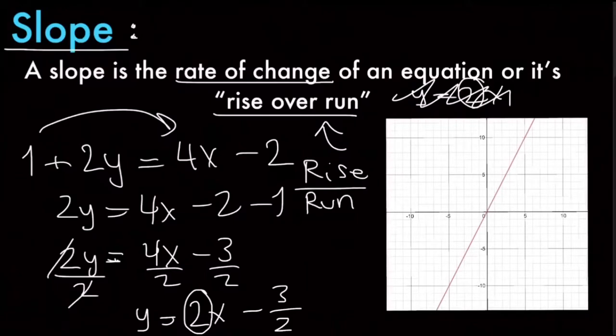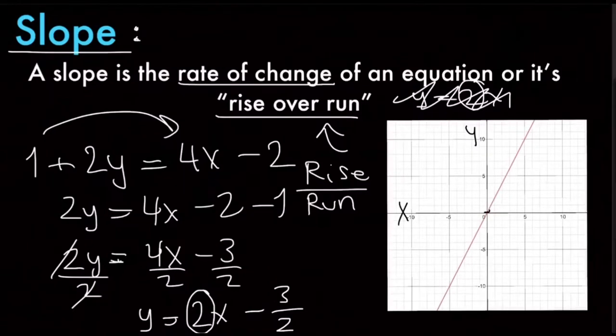So let's check how much this rose on the y-axis in comparison to the x-axis. It rose by 1, 2, and then the run was 1. So we can say 2 over 1, which simplifies to 2, which is correct, like we mentioned. This is the slope. So you'll just check how much any 2 points change.